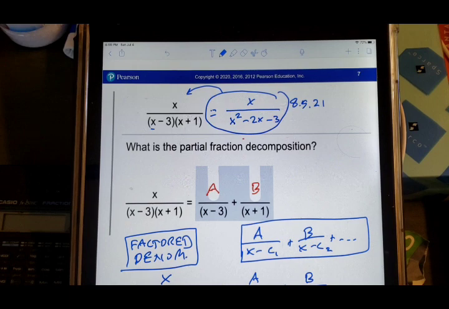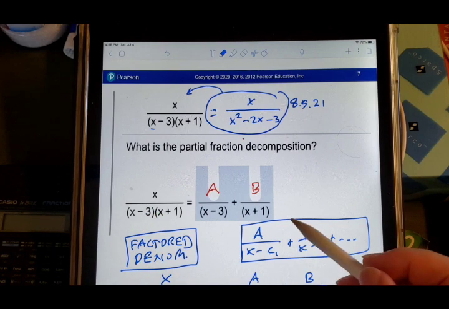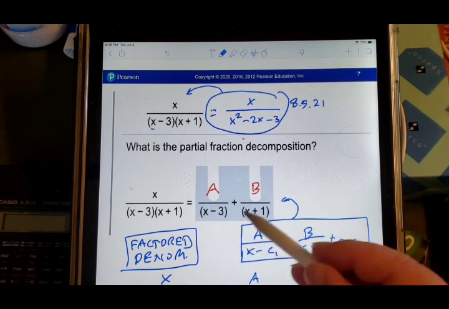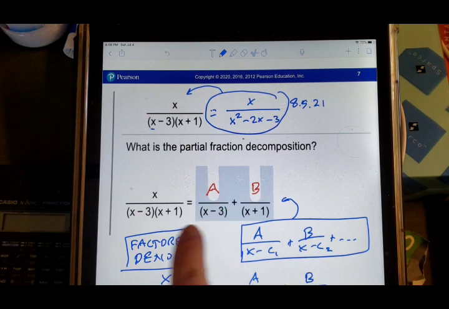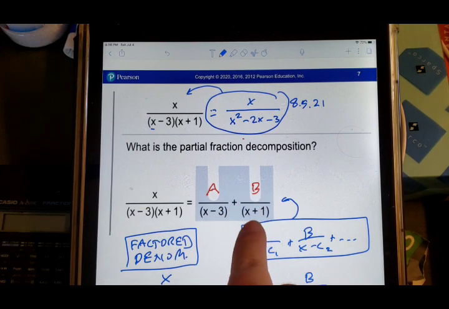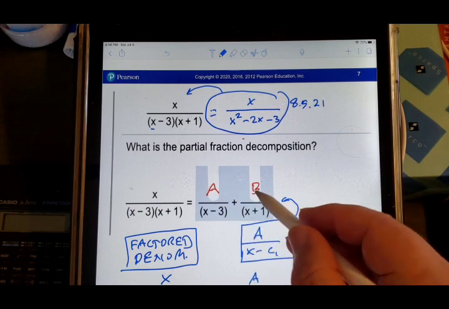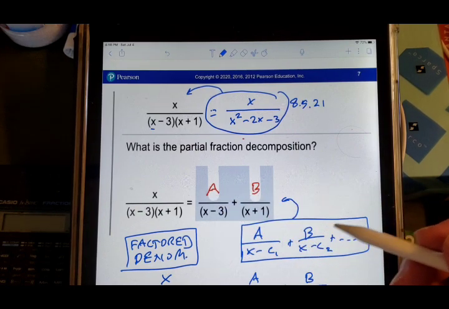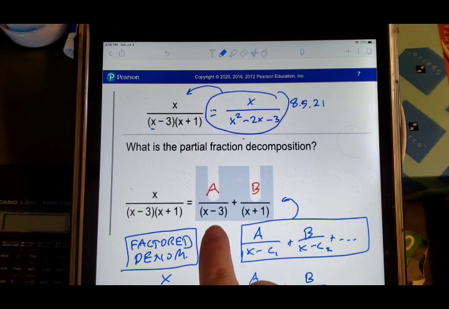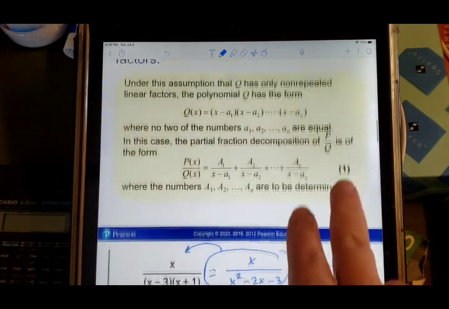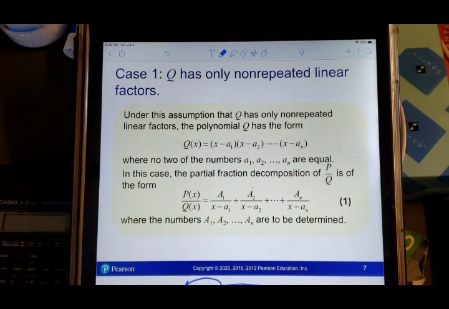Then our goal is to take that problem with a factored denominator and write it this way: A over one of the factors plus B over the other factor. And this is just what you put over linear factors. You put a single letter of the alphabet like A or B or C over the factor. And that's actually what the theorem that they wrote out here is stating.